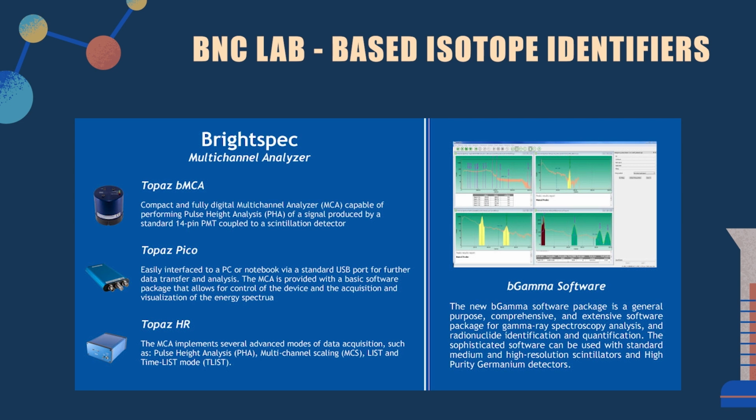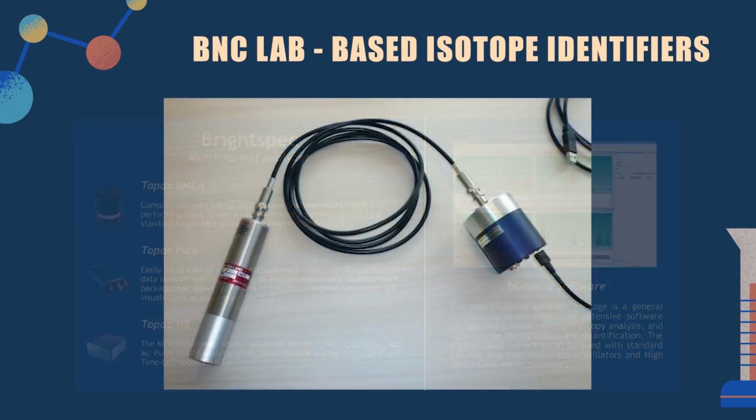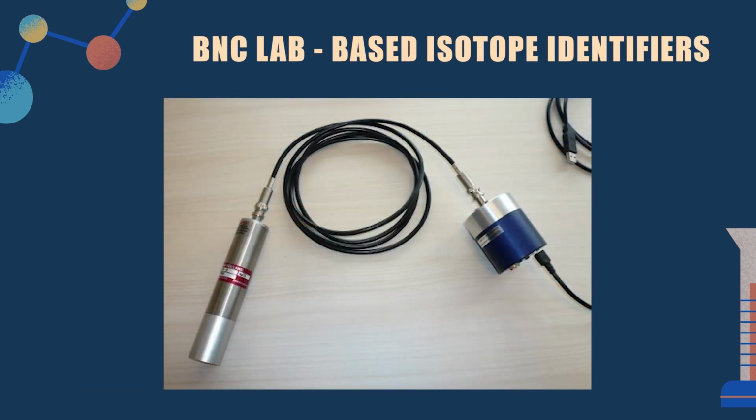This system is notable for its versatility and is often highlighted for its efficient use in various research applications. It combines the sensitivity of a 2 by 2 sodium iodide detector with the precision of a BrightSpec MCA, making it a powerful tool for detecting and analyzing a wide range of isotopes.